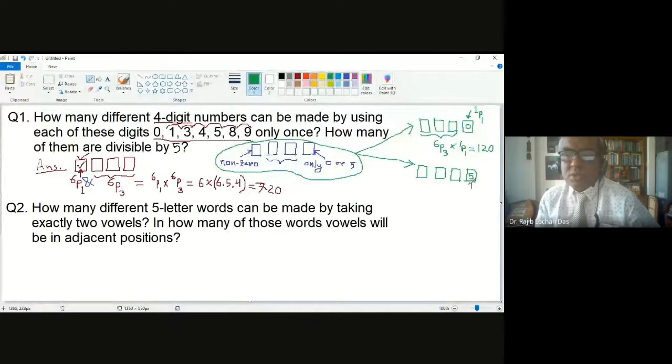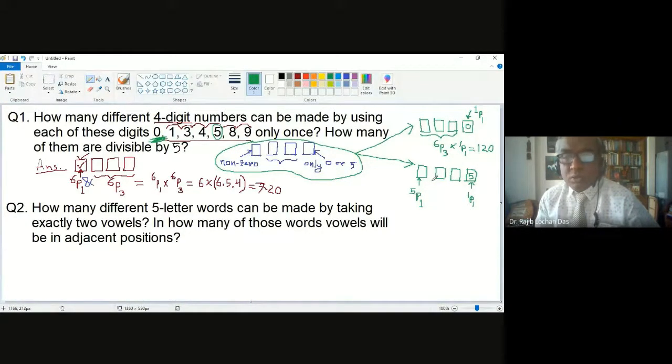So first position non-zero means you have five options. How is it five options? Because you have one digit 5 in the last position, so 5 is gone, and you do not want to take 0. So you have 1, 3, 4, 8, 9. So there are 5 options here. So 5P1 will be for the first position.